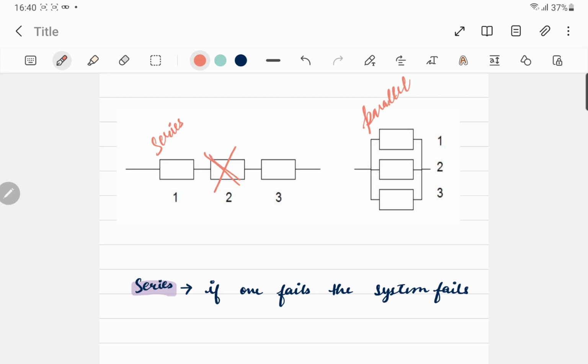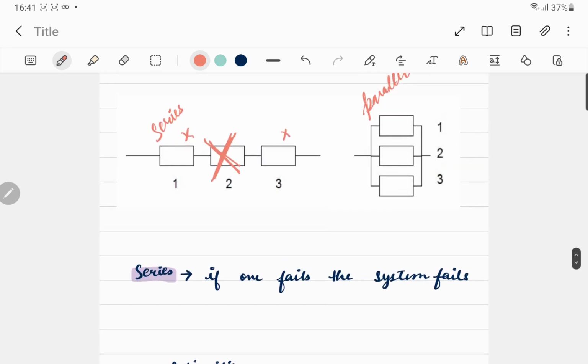So if this connection is lost or any other connection is lost, the entire system collapses. However, this is not the case in a parallel system. In a parallel system, until all the units fail, the system is still running and functioning.